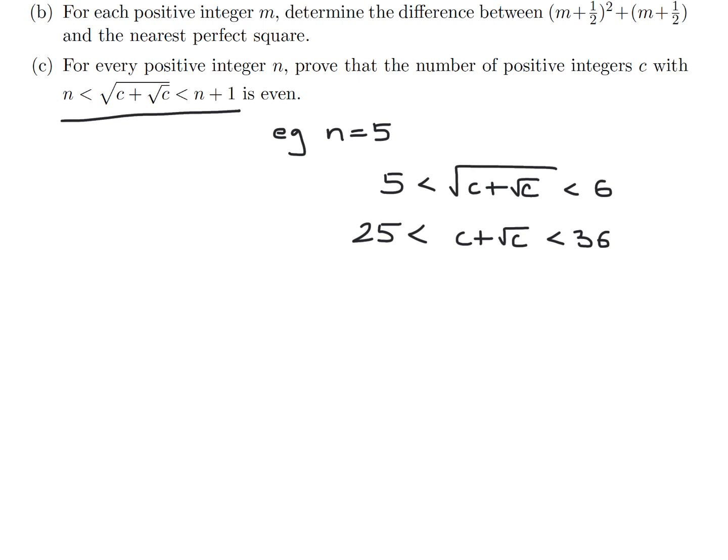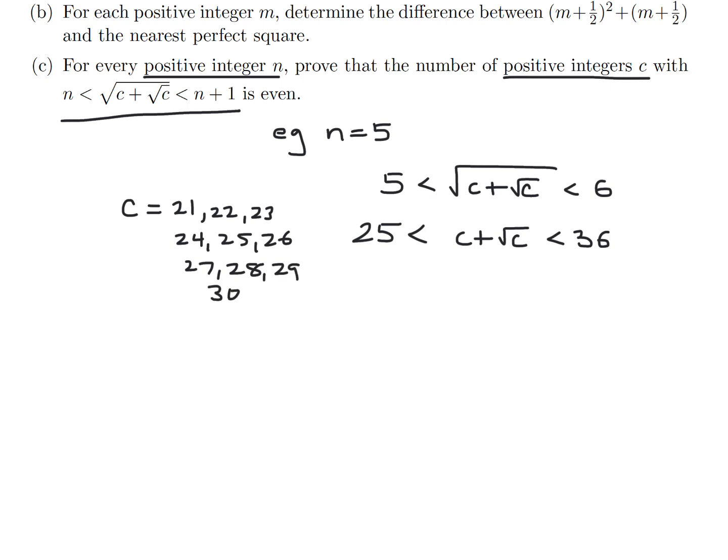And remember, n is a positive integer, and c is a positive integer. So you can go through this, and you'll find that c can be 21, 22, 23, 24, 25, 26, 27, 28, 29, and 30.